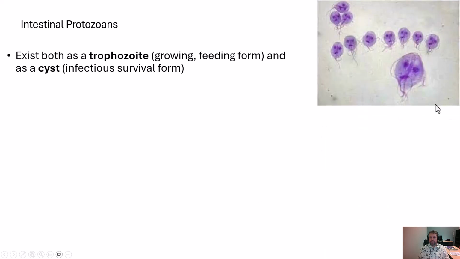A fairly famous one that causes lots of diarrhea or intestinal issues is Giardia. So this is Giardia's trophozoite form, and again it feeds and multiplies in the intestine.